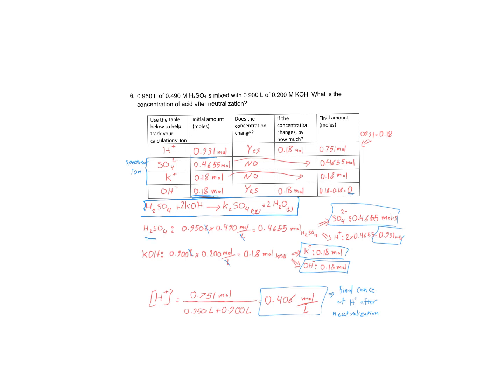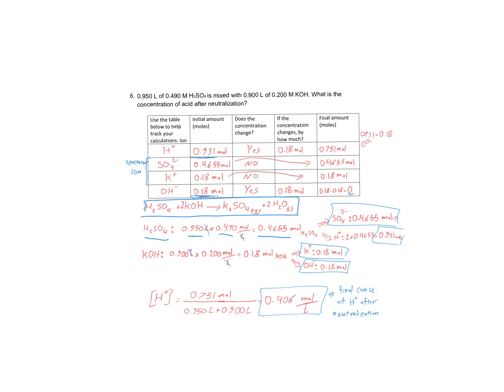So for acid, if you multiply the volume by the concentration, it gives you the moles of the acid. So we will have 0.4655 mole of H2SO4. And you know that each molecule of H2SO4 has one SO4 and two H plus, right?